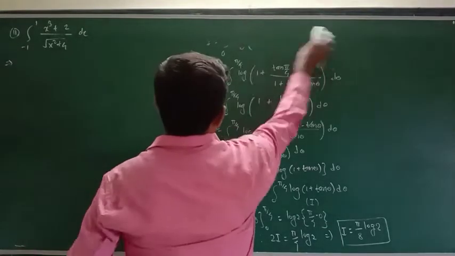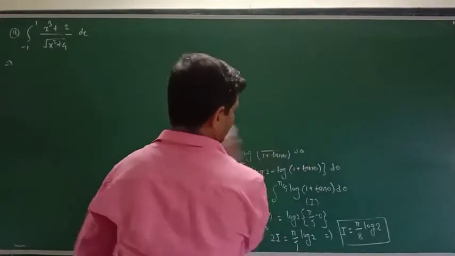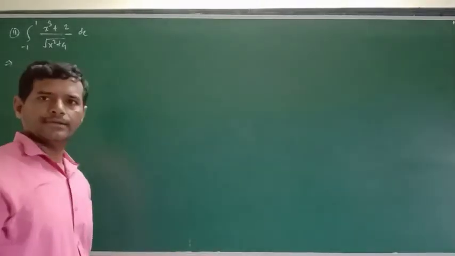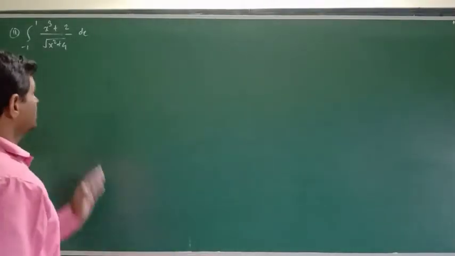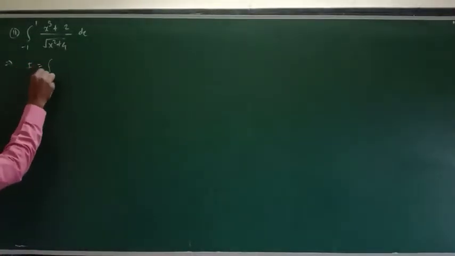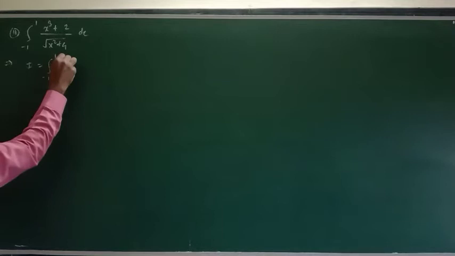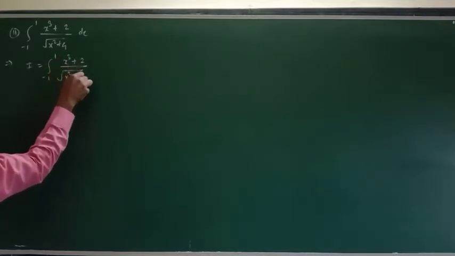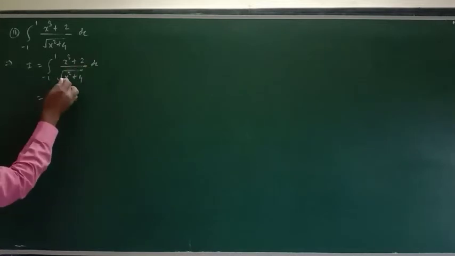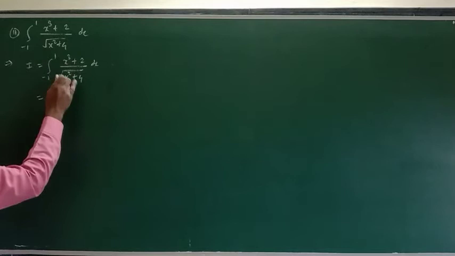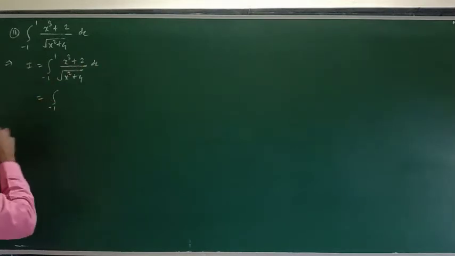For this kind of definite integration, again, before utilizing the property of definite integral, I have to make some simplification. I denote this integral as I, minus 1 to 1, (x cube plus 2) upon root x square plus 4 dx. If I separately divide the numerator by the denominator, then what are the two integrals?